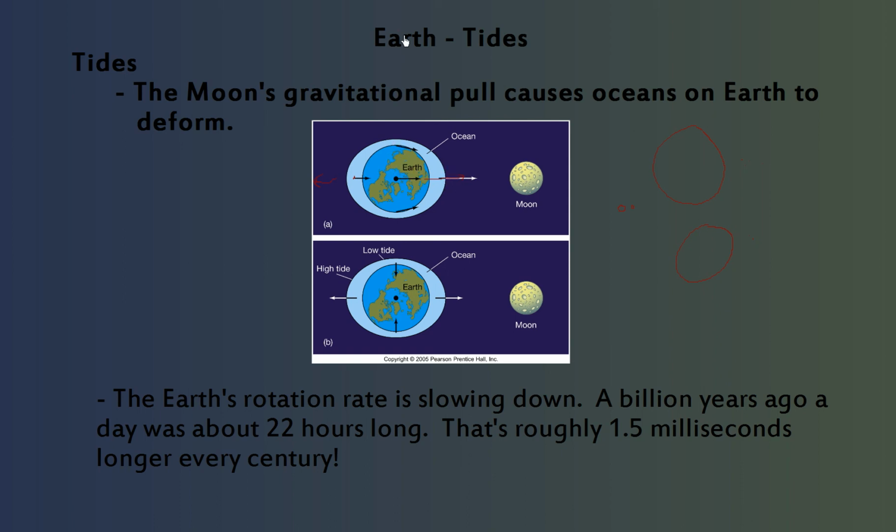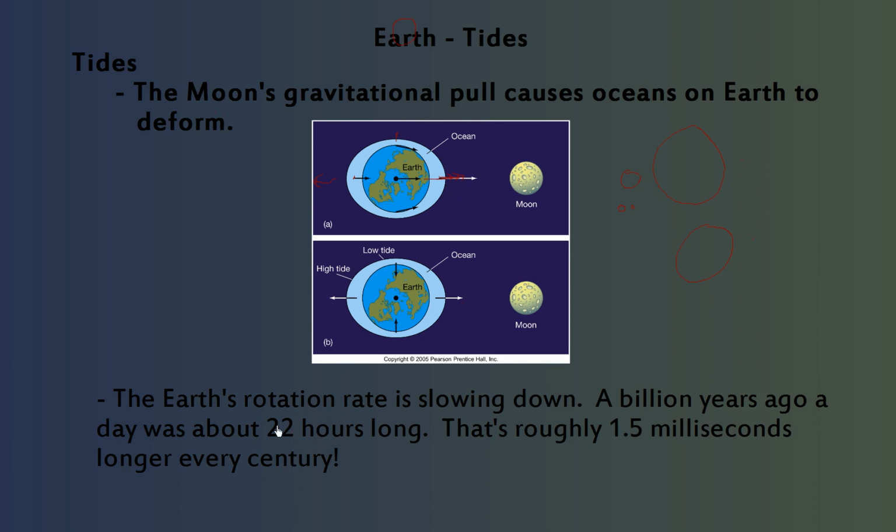But depending on where the sun is, if the sun is in the orbit here at one point in the month, then the sun will kind of pull out on here and minimize the moon's pull in this way. Whereas if the sun is over here in the same direction as the moon, the effect won't double, but it will be amplified, and you'll have even higher tides than normal. So that's kind of cool.